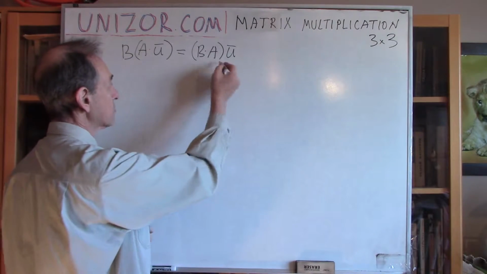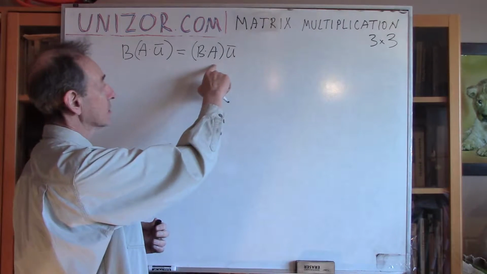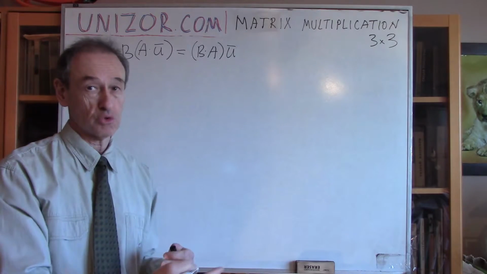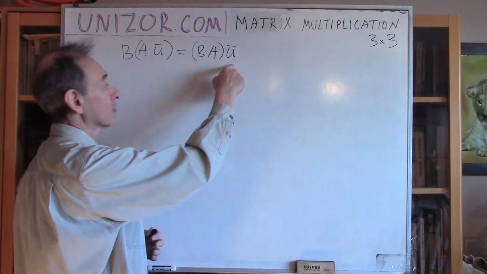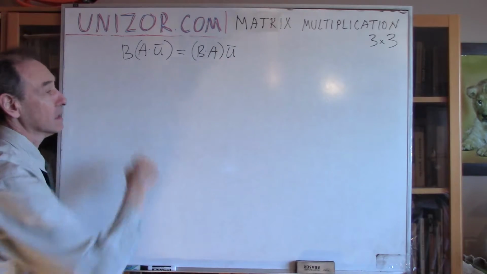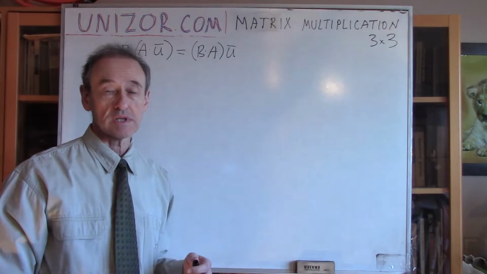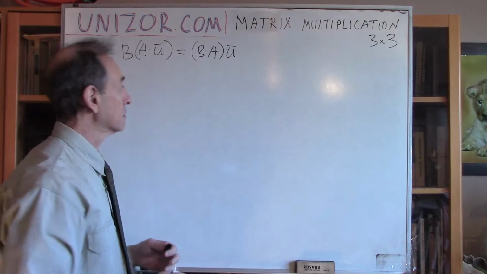And the result of this multiplication of a 2 by 2 matrix and a 2 by 2 matrix is another 2 by 2 matrix. And if that matrix is applied to the same original vector U, it would produce exactly the same result as in this case.